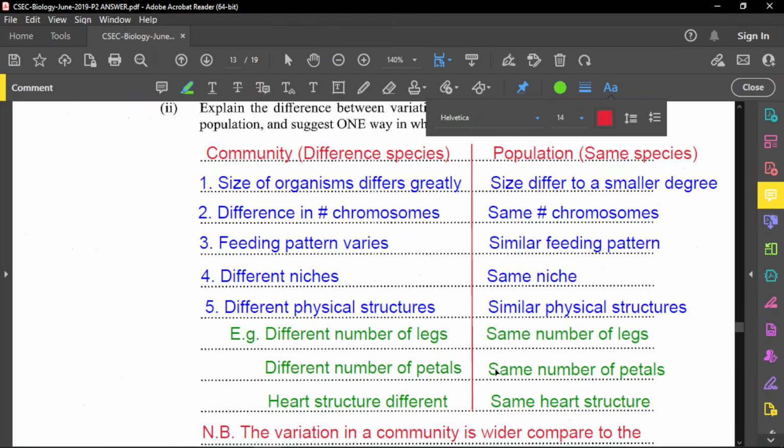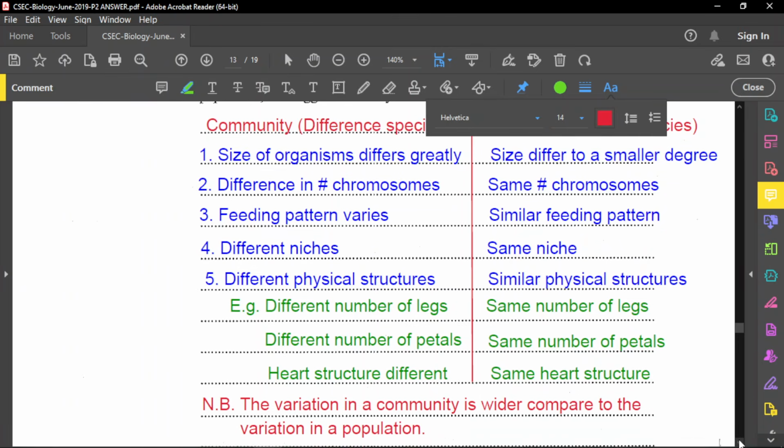If it's the same flower, which is the same species, then the number of petals must be the same. If you compare dicotyledon versus monocotyledon, then yes, the petal numbers or the arrangement of petals will be different. Also the body structures: animals have different body structures, but if it's the same species, the body structure will be the same. So these are just some examples of differences in physical structures.